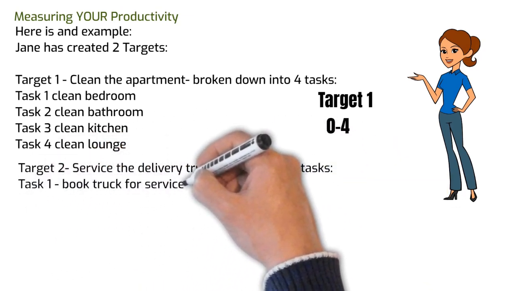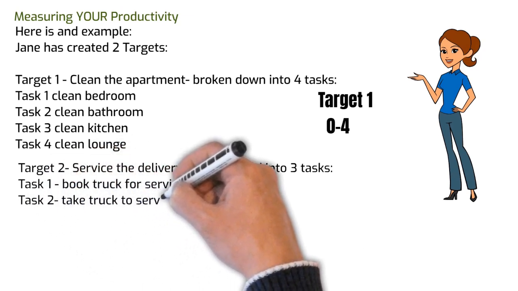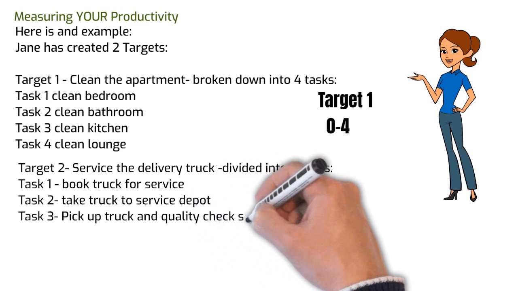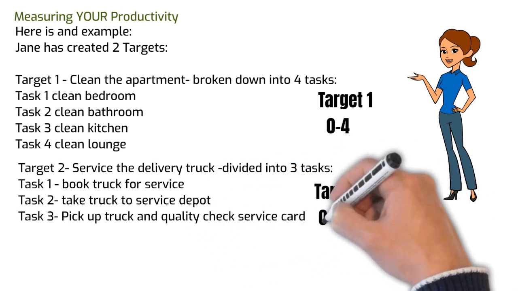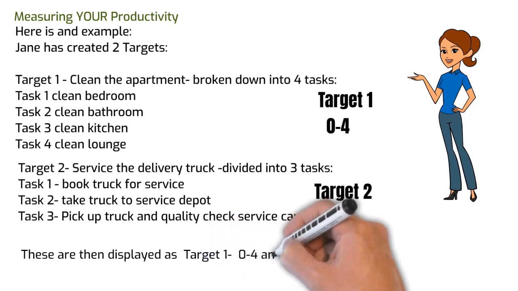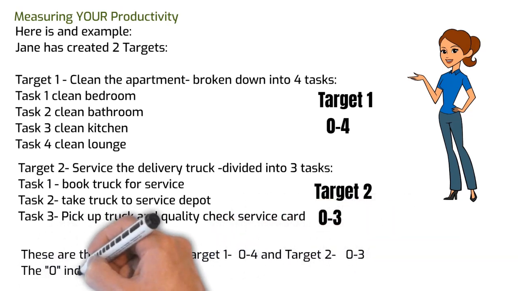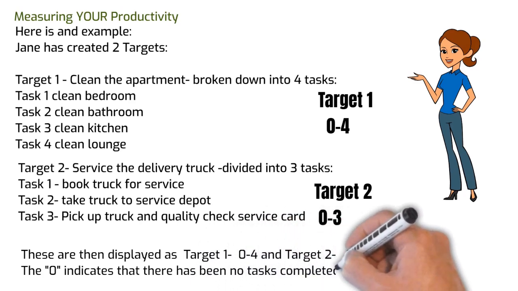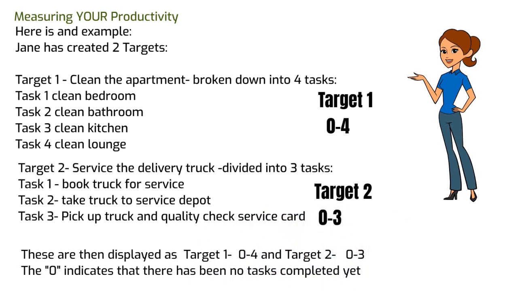Task 1, book truck for service. Task 2, take truck to service depot. Task 3, pick up truck and quality check service card. These are then displayed as Target 1, 0-4 and Target 2, 0-3. The 0 indicates that there have been no tasks completed yet.